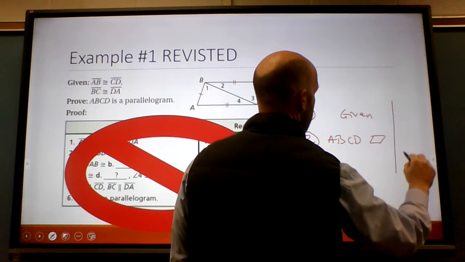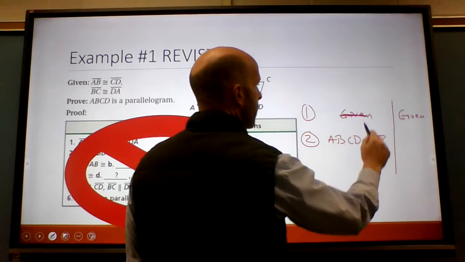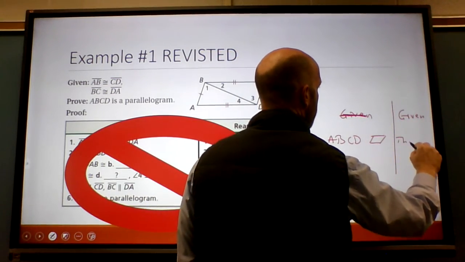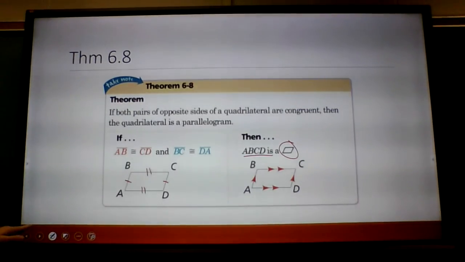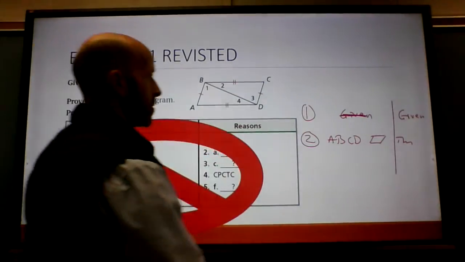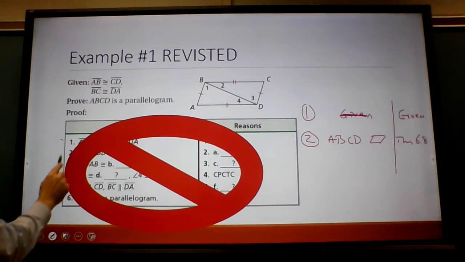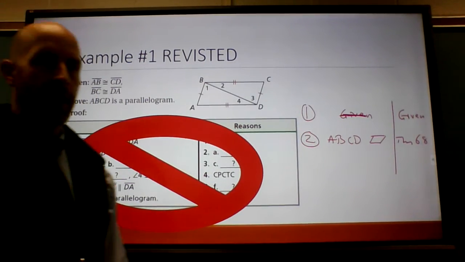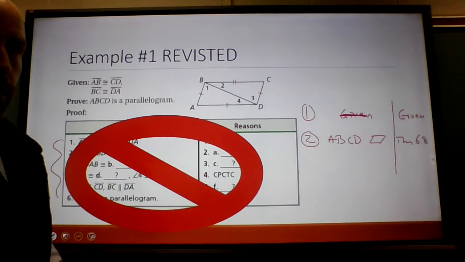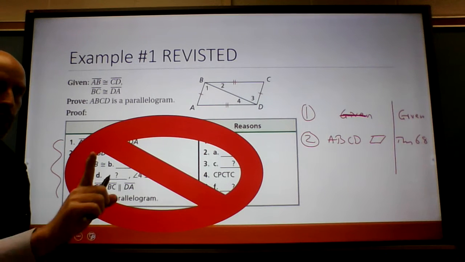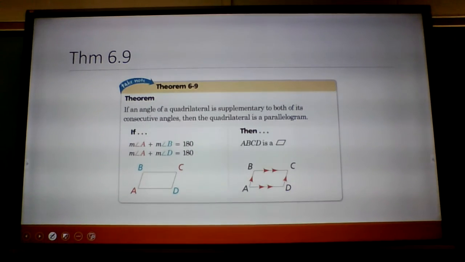The reason is going to be theorem 6.8. In other words, instead of doing 6 steps, since we have theorem 6.8, we could do that in 1 step. So all you need to know is that opposite sides are congruent, and you can conclude it's a parallelogram. So that's one way we can prove a quadrilateral is a parallelogram.